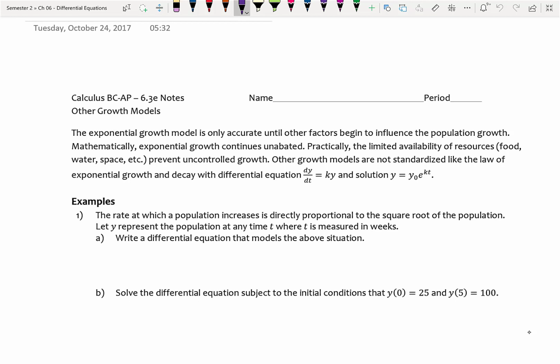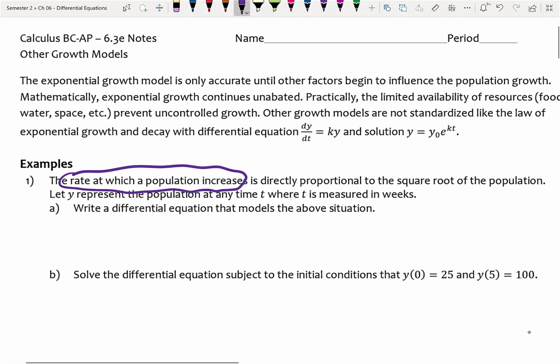The rate at which a population increases, stop. Just stop right there. We want to translate these words into symbols directly. The rate at which a population increases is this little differential right there, dy over dt. We're going to translate the word is into the symbol that means is.